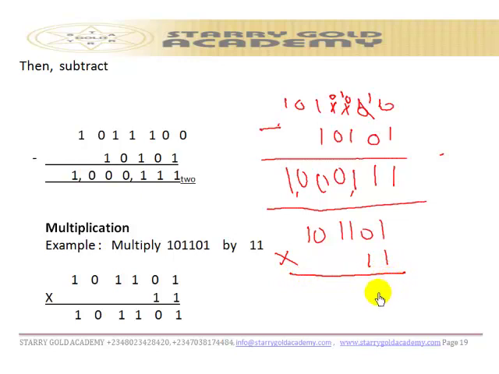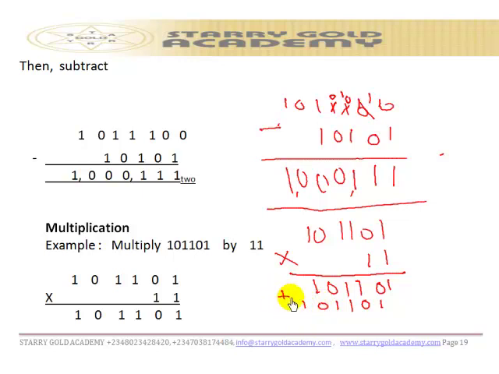In fact, this part is very simple because anything you multiply by 1 is the same, so I don't stress myself multiplying. I just write everything I see. 1 times 1 is 1, 1 times 0 is 0, 1 times 1 is 1. The same thing but not in the same line. We have 1 times 1, 1 times 0, 1 times 1.